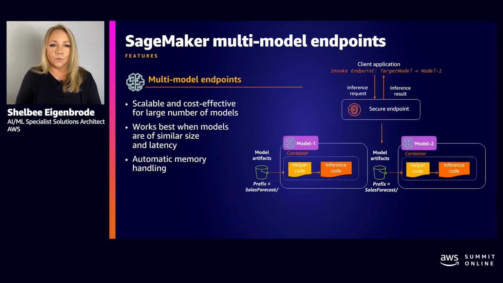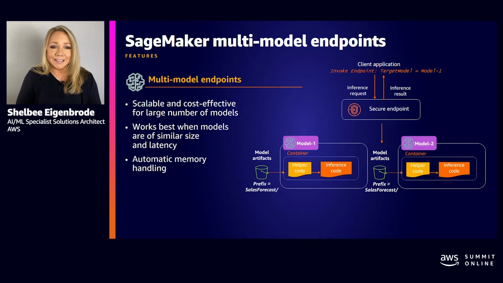Finally, let's wrap up with one more deployment feature called multi-model endpoints. Multi-model endpoints allow you to deploy multiple trained models to a single endpoint and serve them using a single serving container. You can then easily invoke a specific model by specifying the target model name as a parameter in your prediction request.